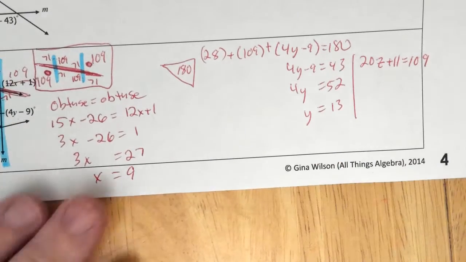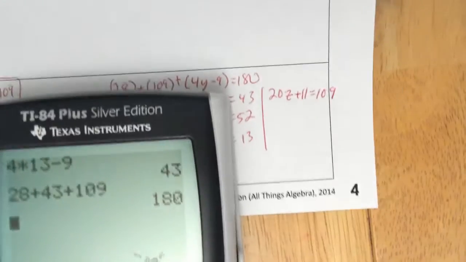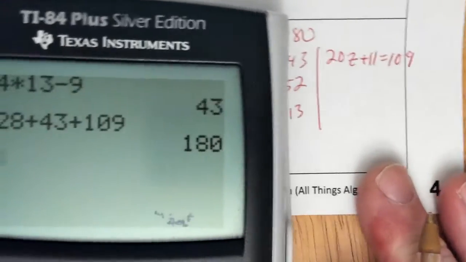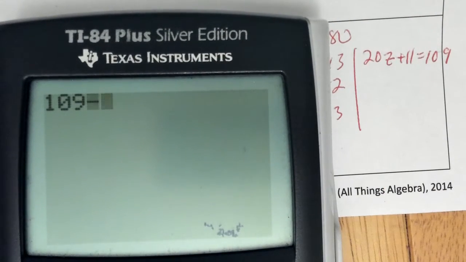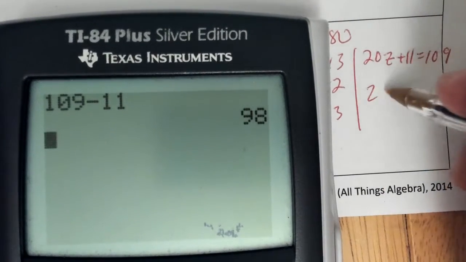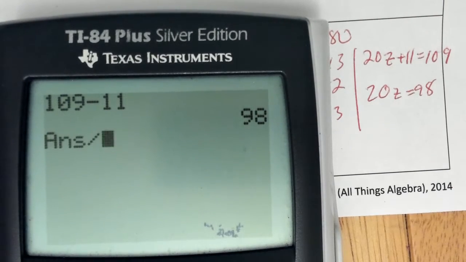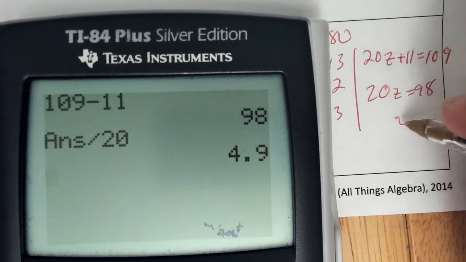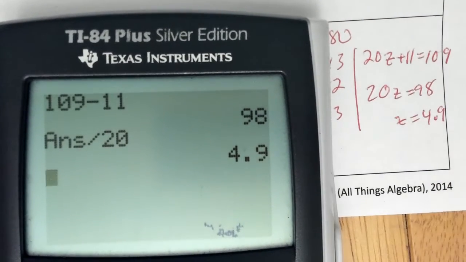They are the same angle, so they are equal to each other. So let's solve. I'll zoom in. All right. So we have 109. We're going to subtract that 11 from both sides. We get 98. We're going to divide by 20, and Z equals 4.9. And that is the final answer. Yes, you are able to get a decimal.